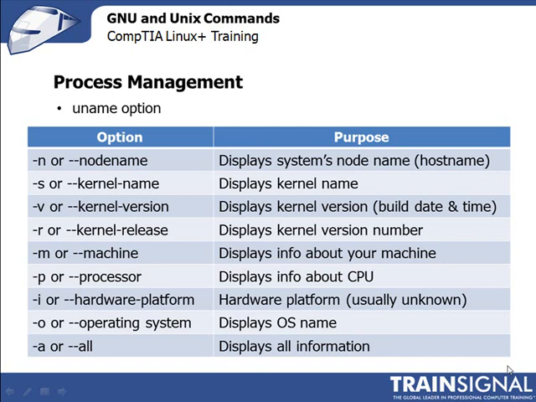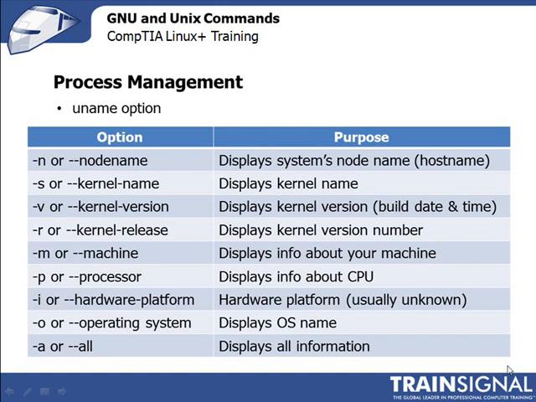And -r or --kernel-release displays the kernel version number. -m or --machine displays information about your machine. -p or --processor will display info about your CPU. -i or --hardware-platform displays your hardware platform, but usually this is unknown. -o or --operating-system will display your operating system name. -a or --all will display all of this information.